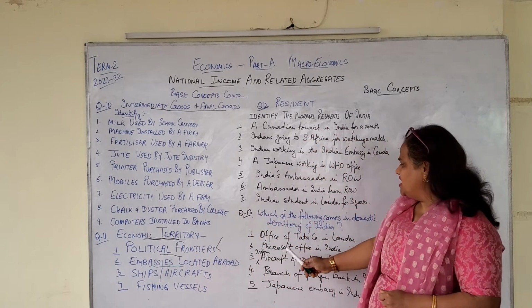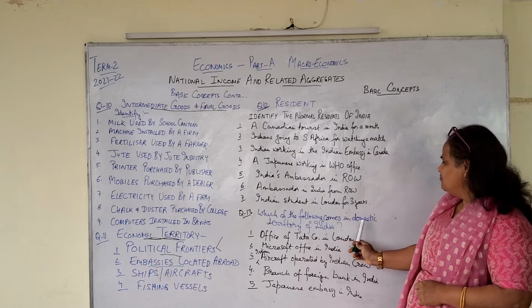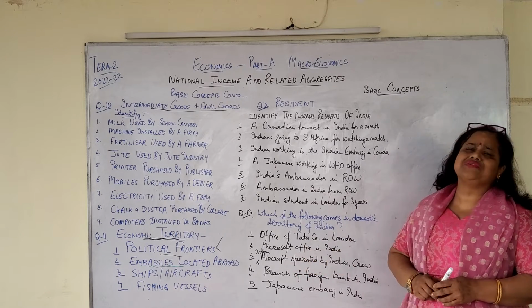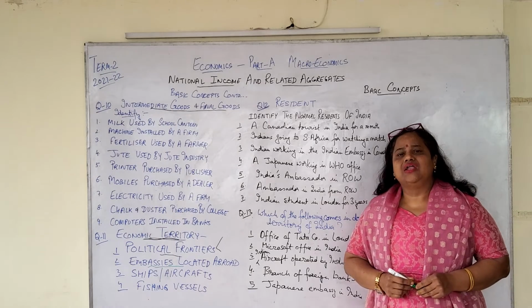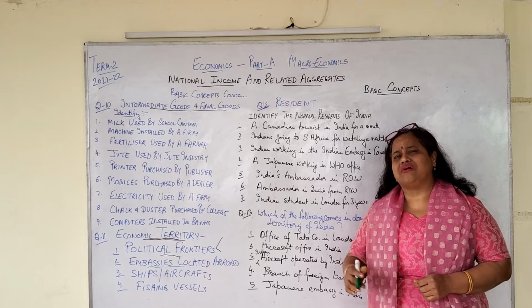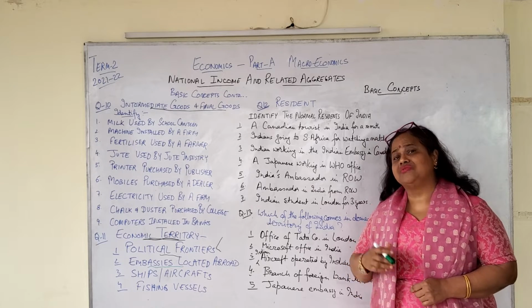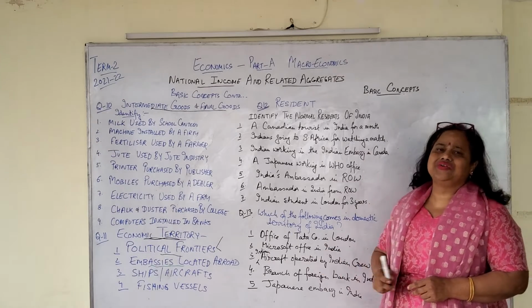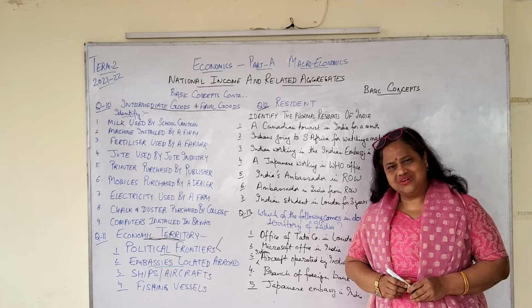So let's identify which of the following comes in, say for example, the domestic territory of India. The very first is the office of Tata Company in London. Now this company is in London, in the political frontier, within the geographical boundary of London. So it is not a part of the domestic territory of India, right?